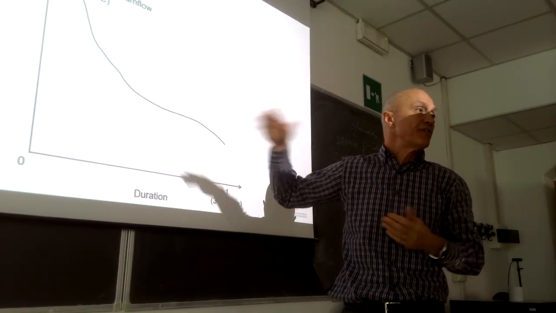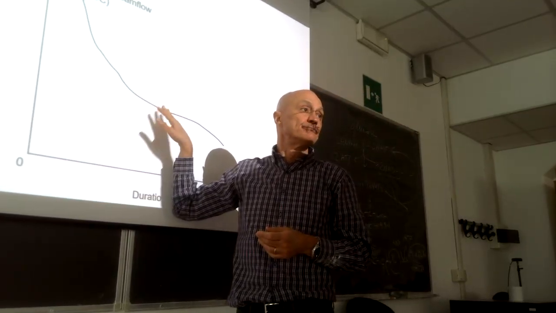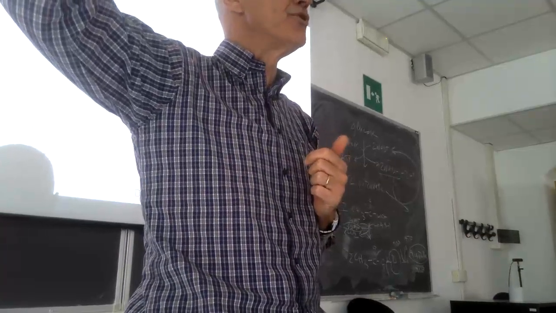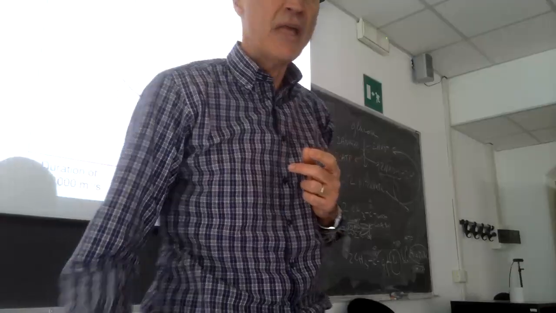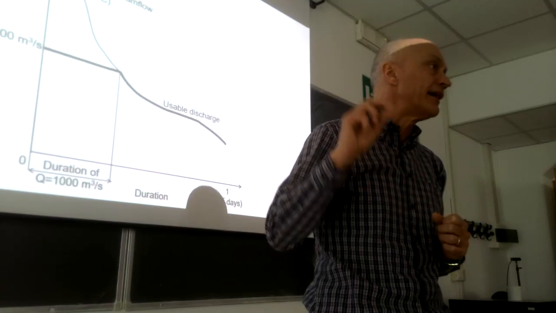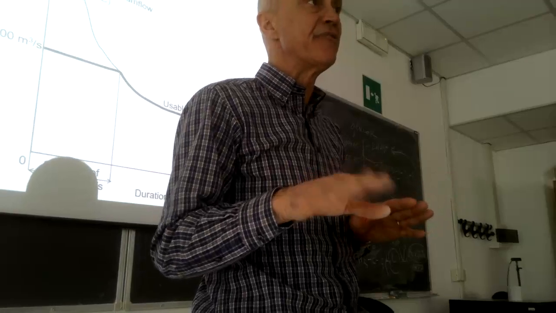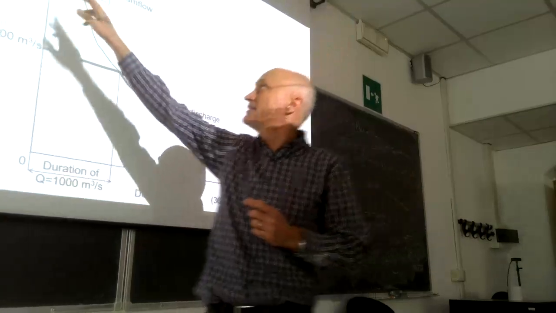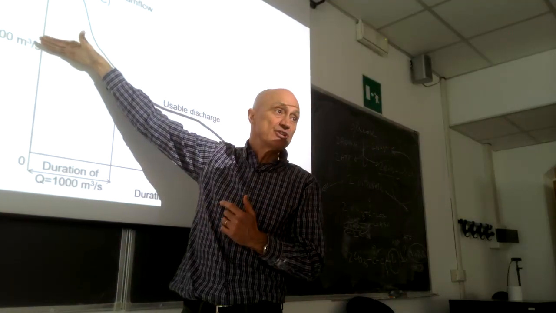Plus, we will see this during next classes, there are normally regulations that prevent you from using all the water flowing in a river, to protect natural habitats in the river as well. But let's suppose that this is the amount of water flowing in the river. We know that the maximum discharge we can turbine is capped to 1,000 cubic meters per second. Our turbine set array cannot use higher discharges, okay? So basically this is the flow duration curve of the usable discharge, okay?